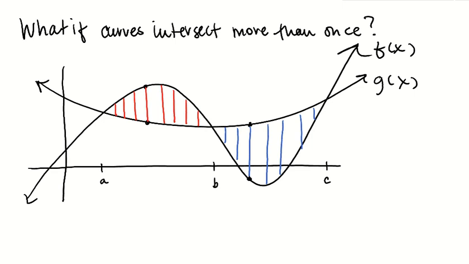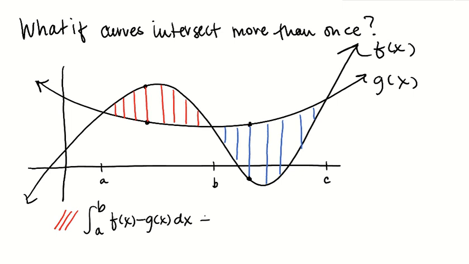You could find the red area by integrating between A and B, top minus bottom, in this case F minus G. And then we could integrate from B to C, G minus F, because G is on top there. Oh, whoops, I forgot to label that as the blue area.